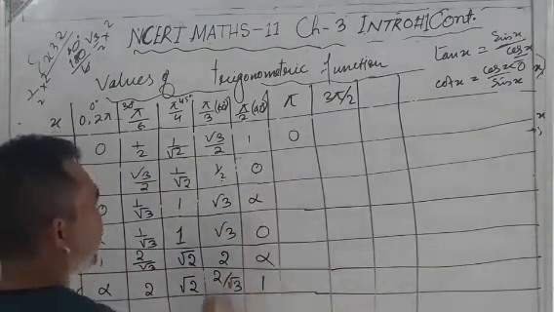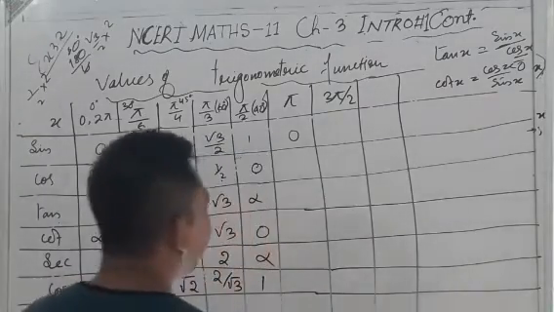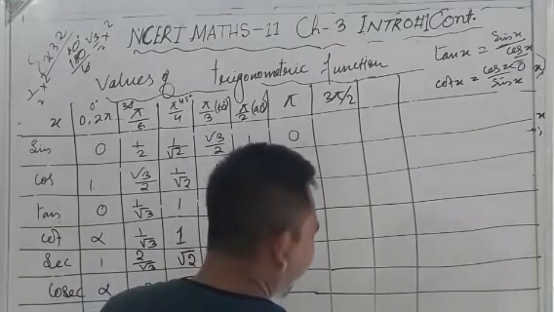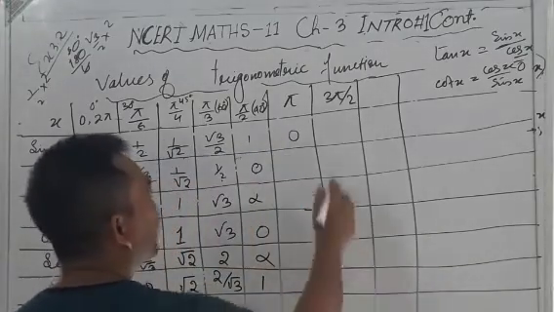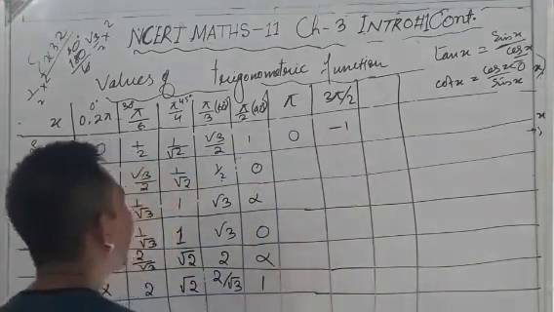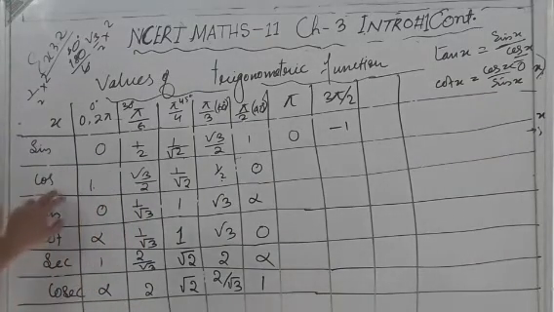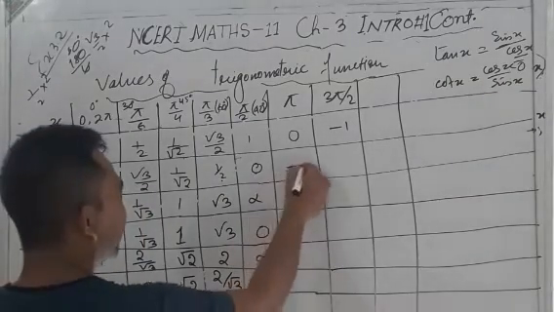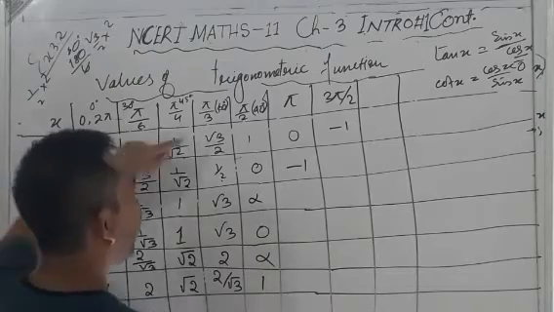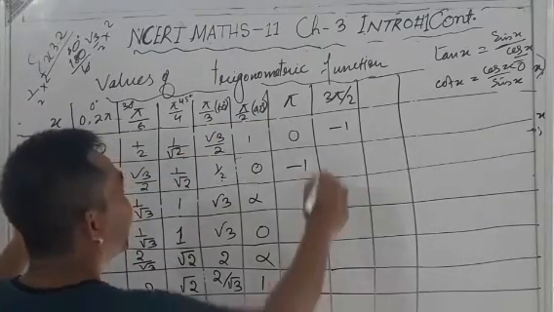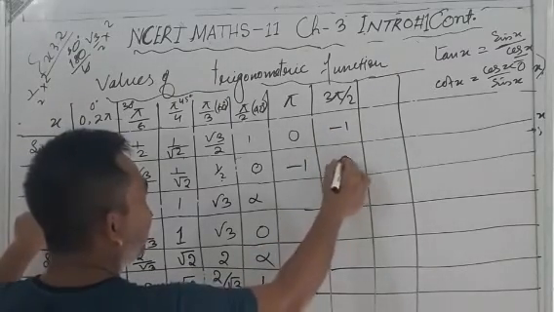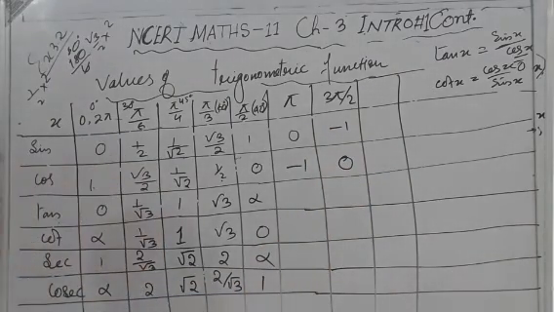So that is why at 3 pi by 2, sin will be minus 1, because it is in the negative place. And cos will be minus 1 at pi, and then at 3 pi by 2, it will be 0. Correct?